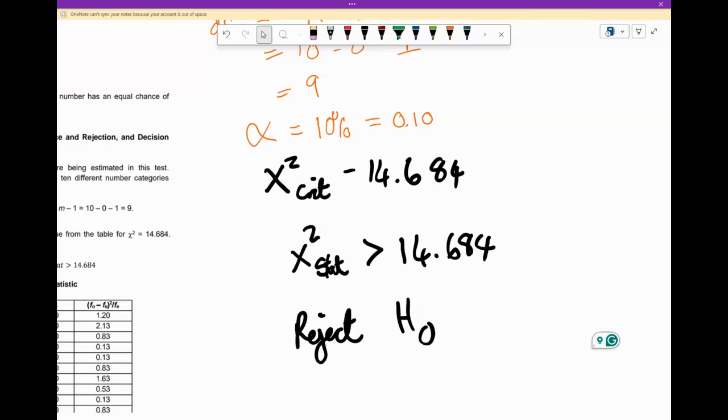I'm just saying, this is always going to be like this. As long as this criterion is met, where our chi statistic is greater than our chi crit, we reject. Yes, always. That you can cram.